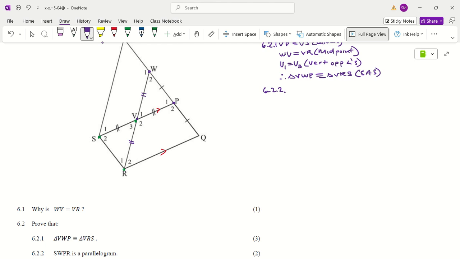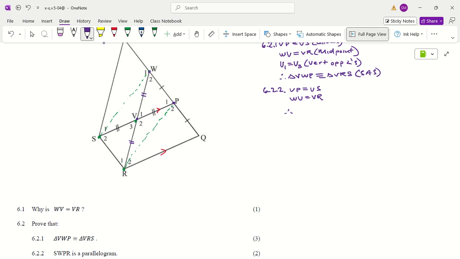But already we have proven this because we can see that the side VP is equal to VS, and also WV is equal to VR, and these are diagonals of the supposed parallelogram.